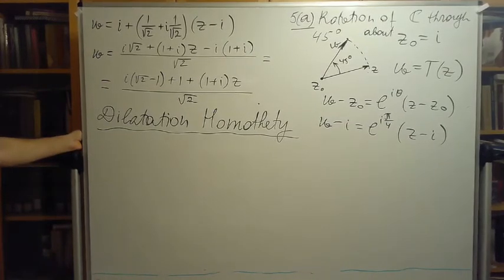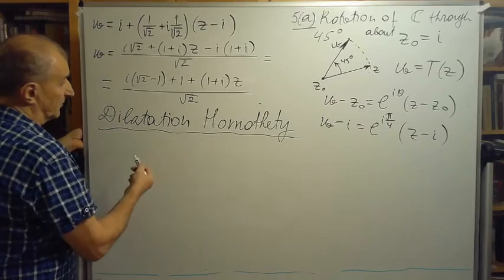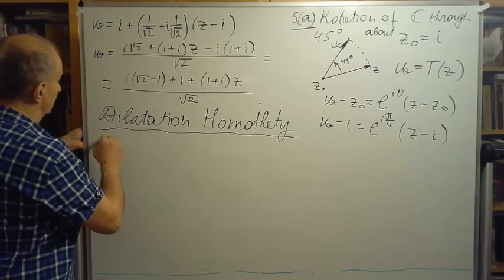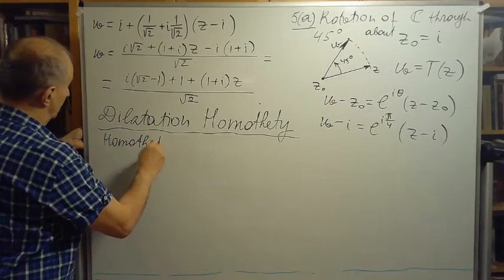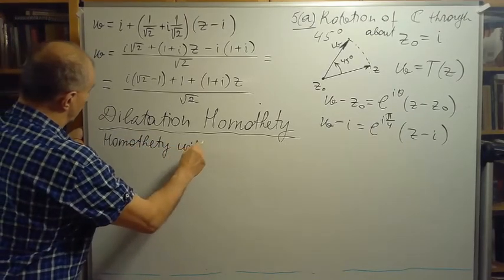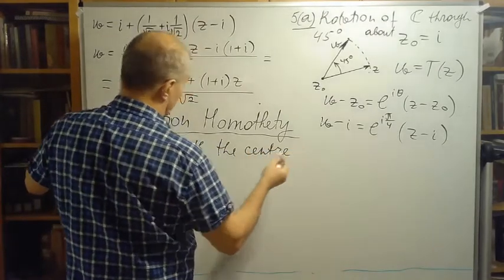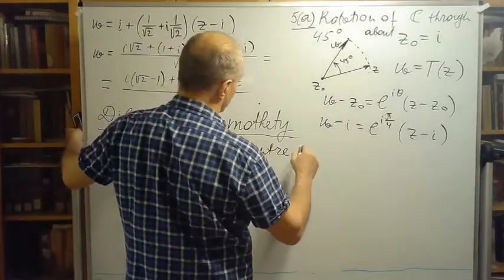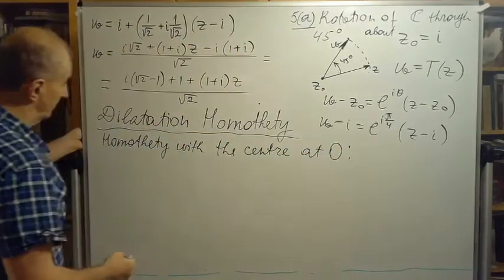Homotety creates a similar figure from a certain point called the center of homotety. So if you perform the homotety about the origin, the center of similarity or center of homotety at O, it will look like this.